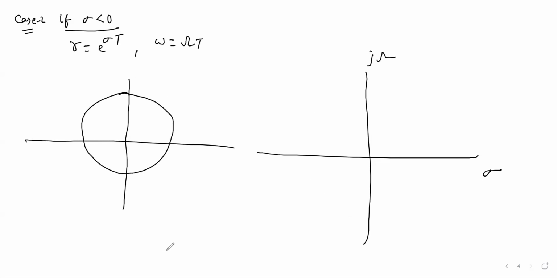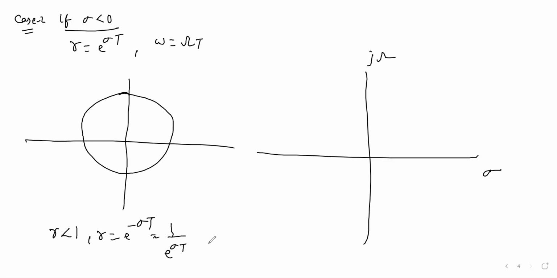Now, if sigma is less than 0, then what is the value of r? It must be less than 1. Obviously, it is less than 1. Just put in some negative value: r equals e to the power minus sigma t, that is 1 by e to the power sigma t.